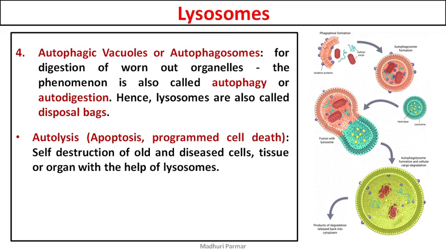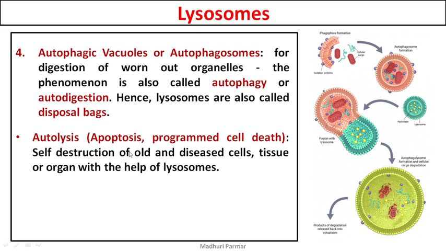Actually, the cell itself can decide when it becomes old and is not able to function properly. It does this self destruct. Have you seen in some movies they show a self destruct button? Self destruct meaning to destroy itself. So this self destruction is called autolysis, apoptosis, or programmed cell death.